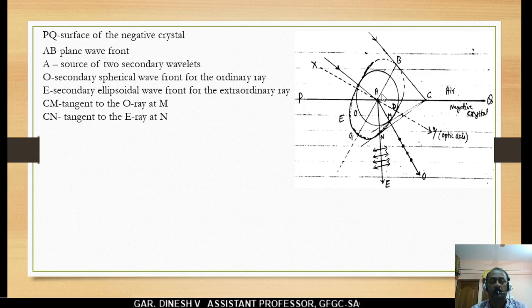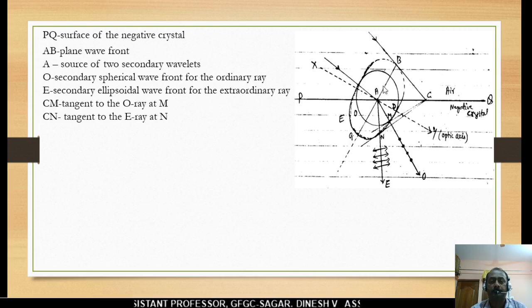A is the source of two secondary wavelets, and O indicates the secondary spherical wavefront for the ordinary ray, and E indicates the secondary ellipsoidal wavefront for the extraordinary ray, which is elliptically shaped.